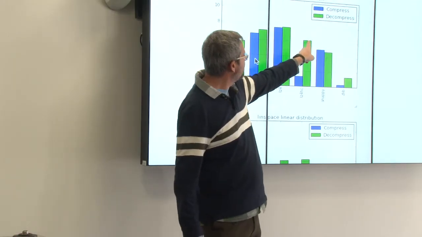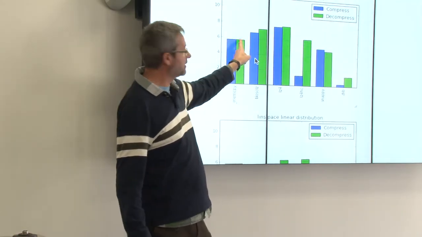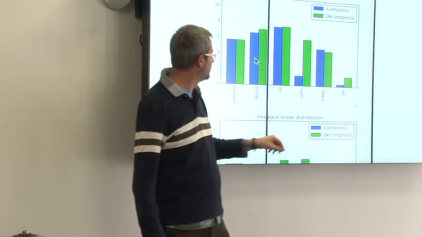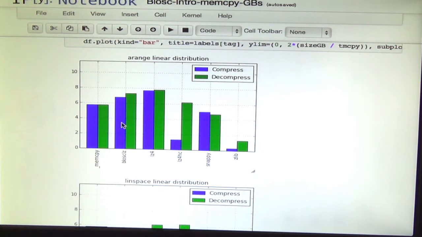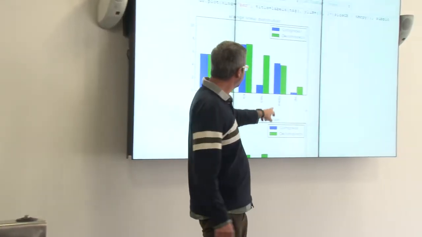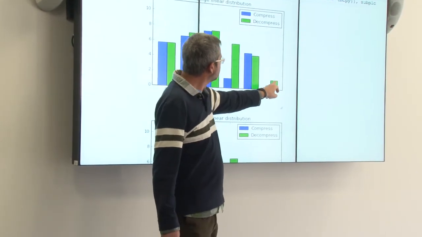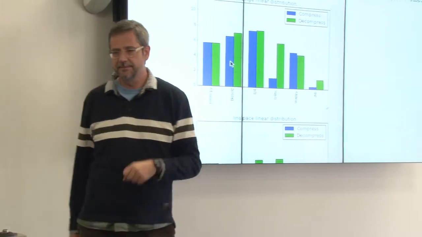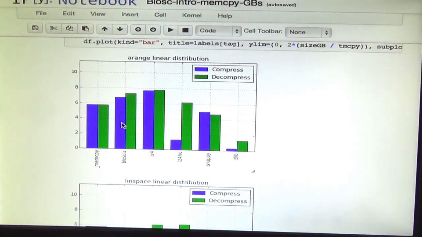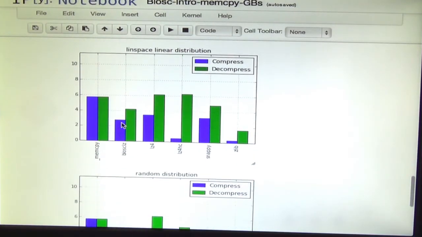But still, the decompression speed can be faster than memcpy, which is interesting. Blosc also has support for Snappy, which doesn't reach the performance of memcpy, and also has support for Zlib in case people prefer more compression ratio and less speed. Okay, this is supported. Of course, Zlib is much slower than memcpy. So this is for the arange distribution.